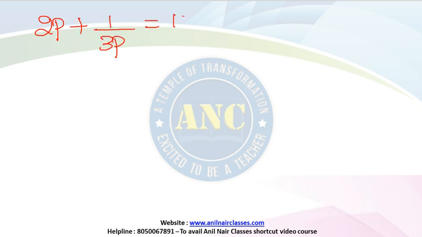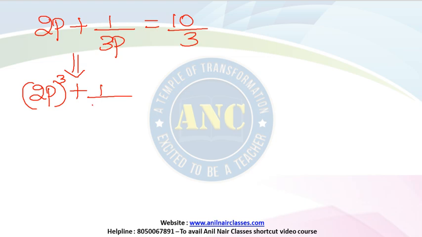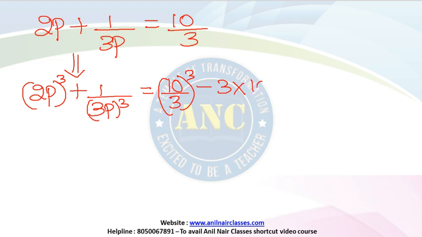But the question says I don't want the value of 2p plus 1 by 3p. I want the value of 2p whole cube plus 1 by 3p whole cube. It is very simple. It is nothing but k cube minus 3k. K cube is nothing but 10 by 3 whole cube minus 3 times of 10 by 3.